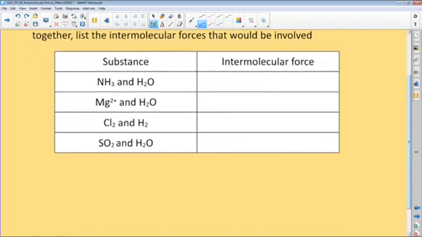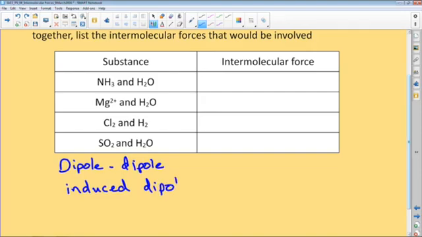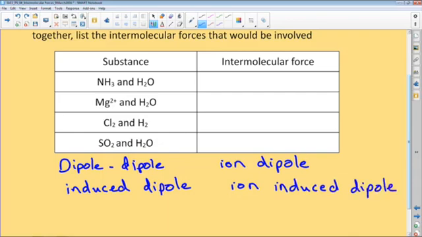It's going to be dipole, dipole, and it's going to be induced dipole, and it's going to be ion dipole, and it's going to be ion induced dipole, and it's going to be London forces.